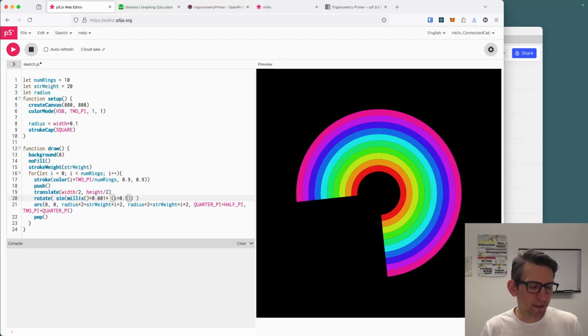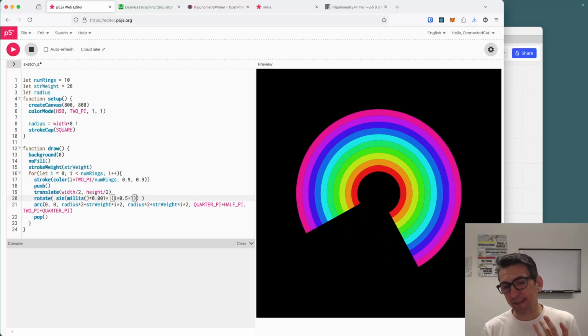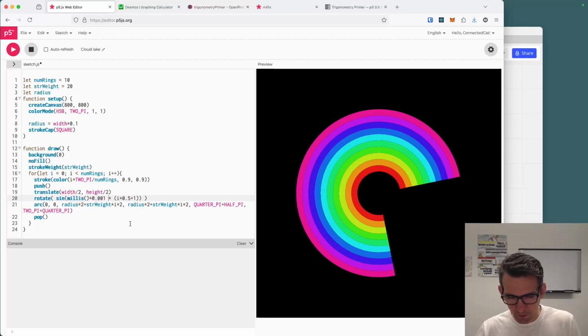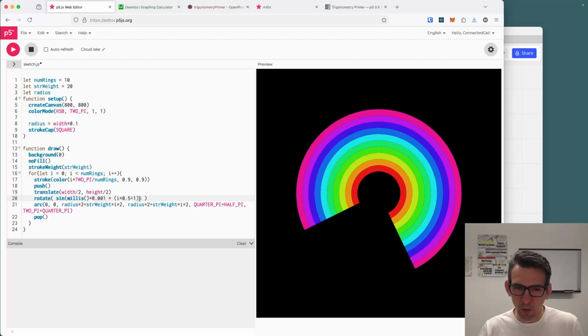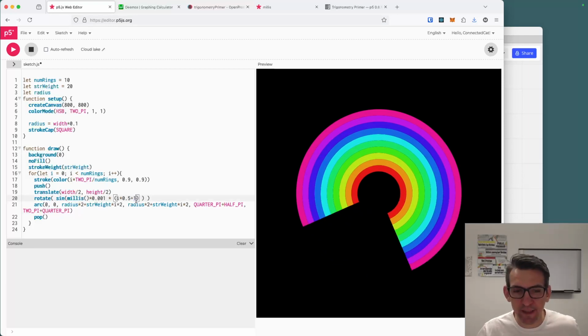Plus 1. And the reason why I'm doing plus 1 is if I'm starting my i at 0, 0 is not going to give me much. And so one of my arcs is going to be always static, which is not something that's particularly interesting. So I'm adding 1 to it, so I don't ever have to have them static, right?